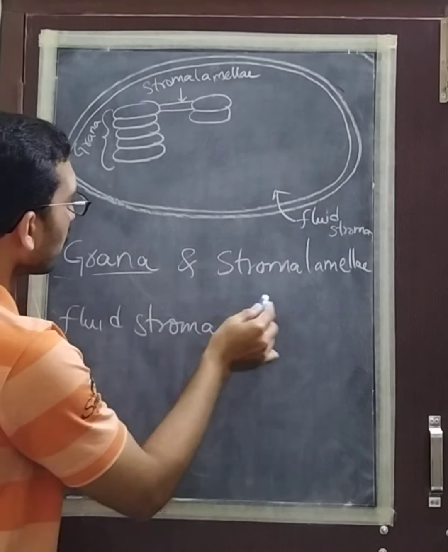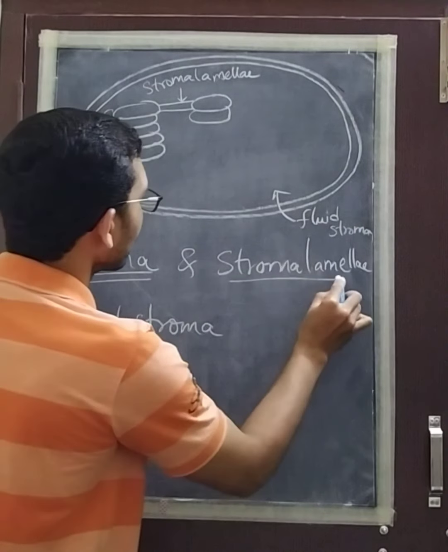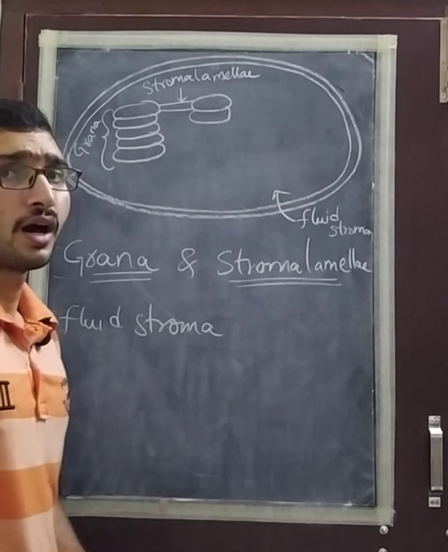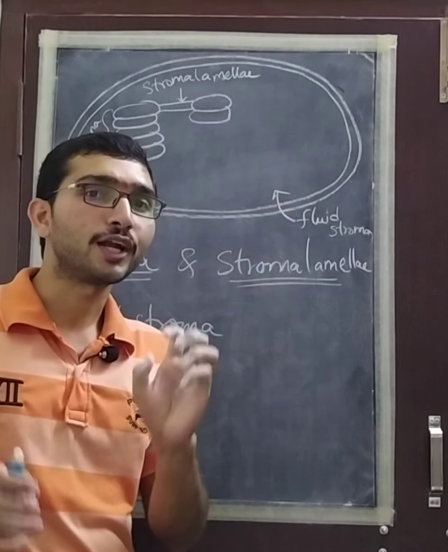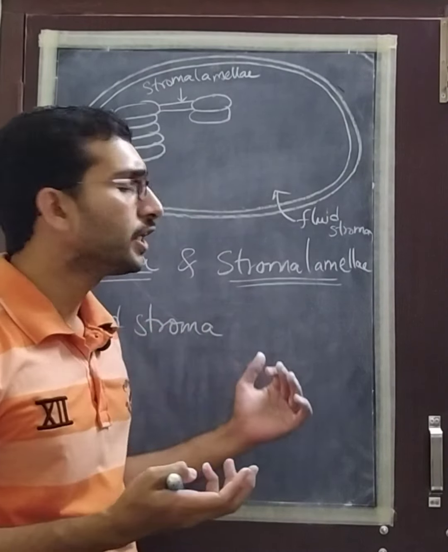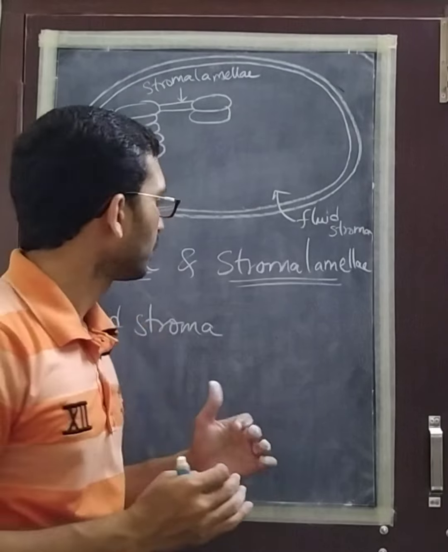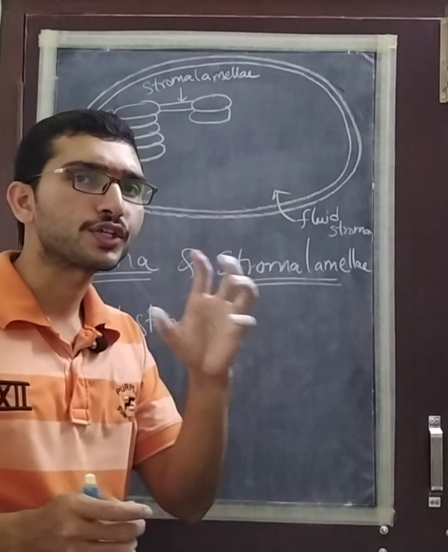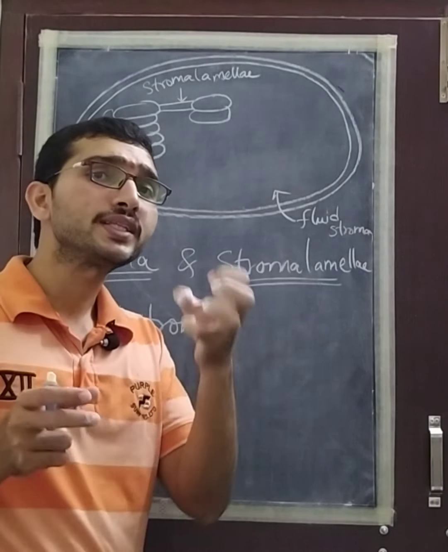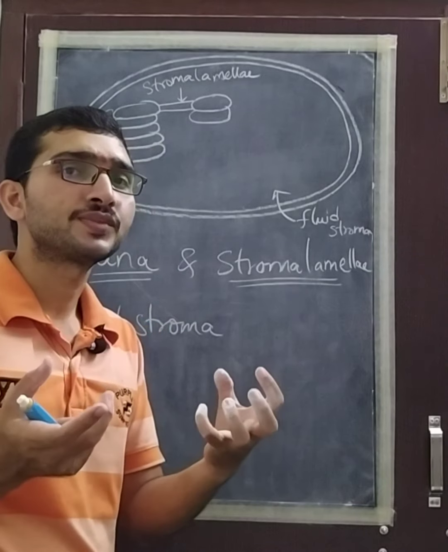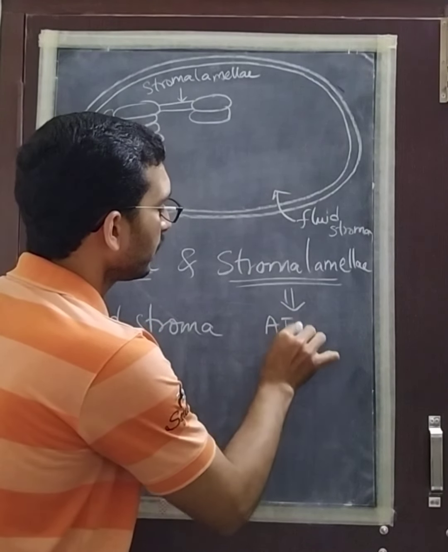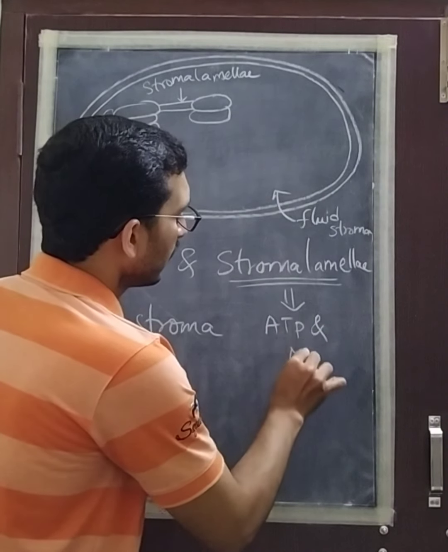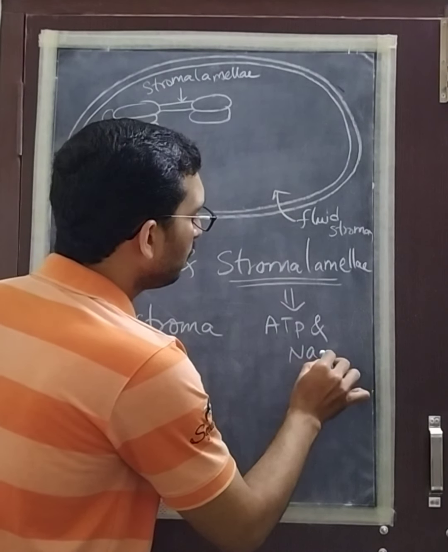This membrane bound structure, that is grana and stroma lamellae, is helpful for trapping the light and making ATP and NADPH. So the membrane bound structures are responsible for trapping the light and making ATP and NADPH.